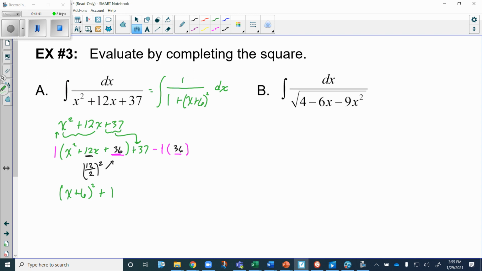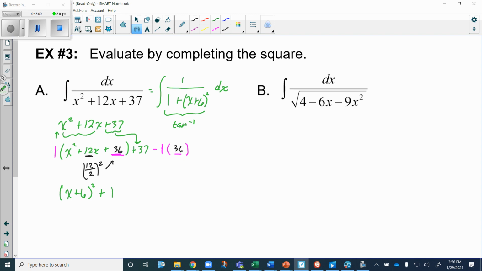And this right here is the sum of two squares. So that is ideally something that's going to kick off the idea that we're going to do something with inverse tangent. Okay.